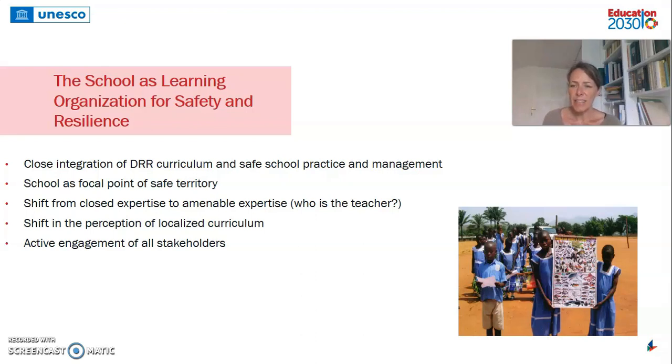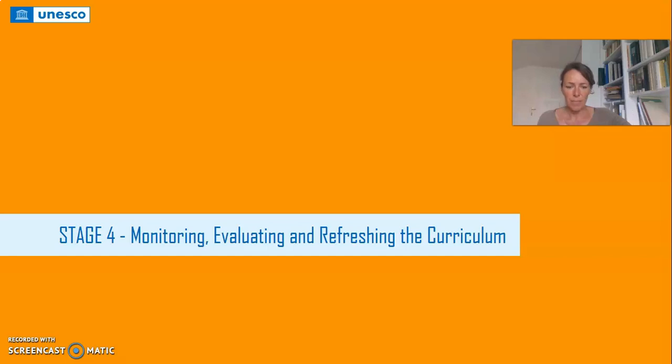Some activities are listed here to integrate curricular and safe school practices and the management of the school, to dedicate, for example, focal points that then interact with actors beyond the school, authorities that are in charge of disaster risk reduction, for example, and again, the active engagement of all school stakeholders, including the community.